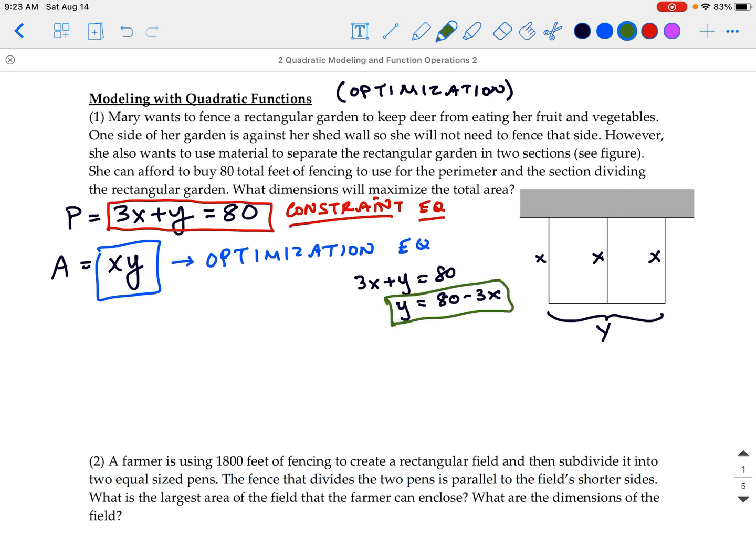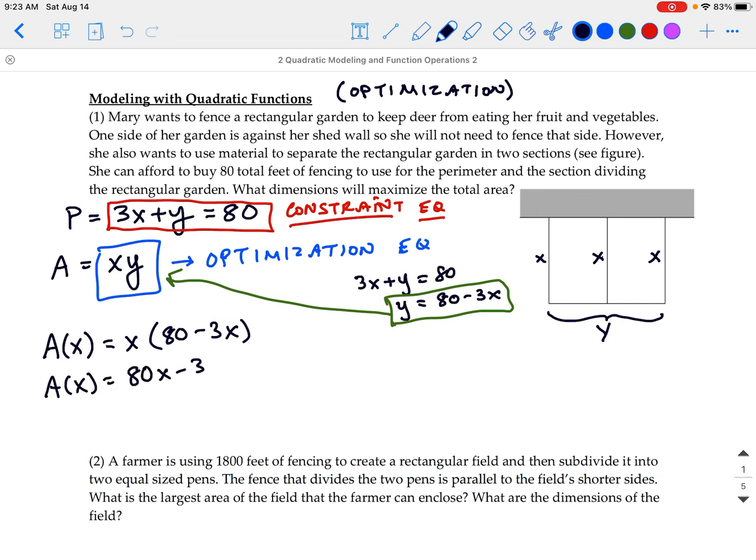So we're going to take that y equals 80 minus 3x and substitute it for y in our area equation. So A, which is a function of 2 variables at the moment, can now be written as A of x, which will be x times 80 minus 3x, which, when we multiply that out, we can see that A of x is equal to 80x minus 3x squared.